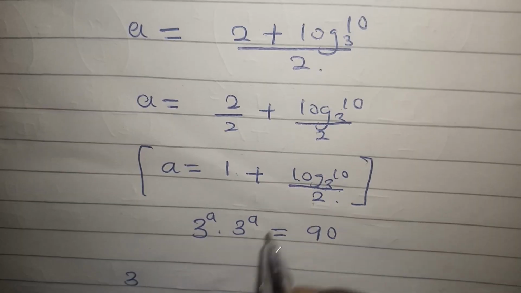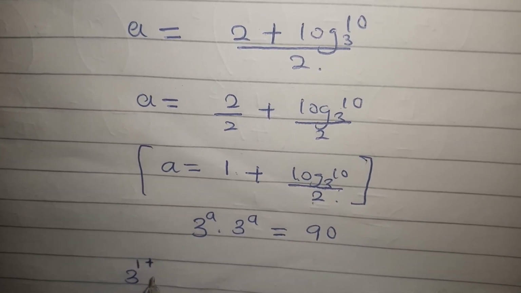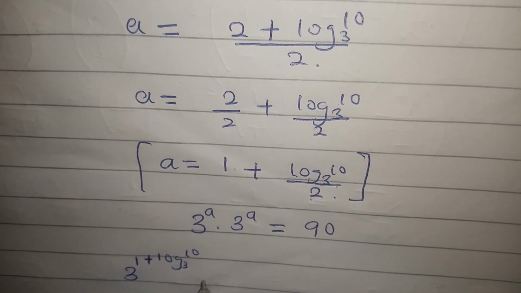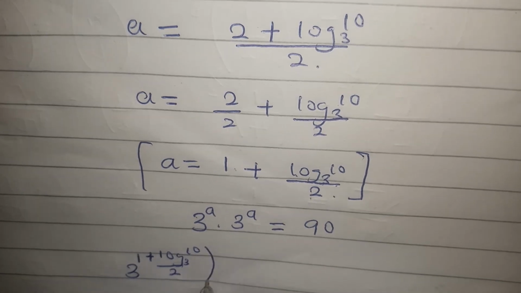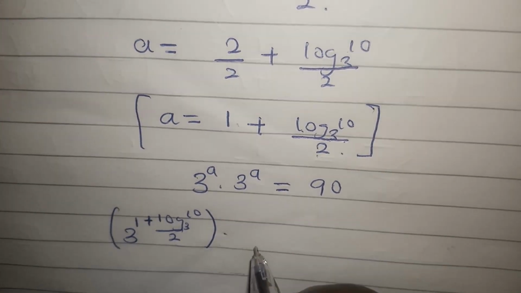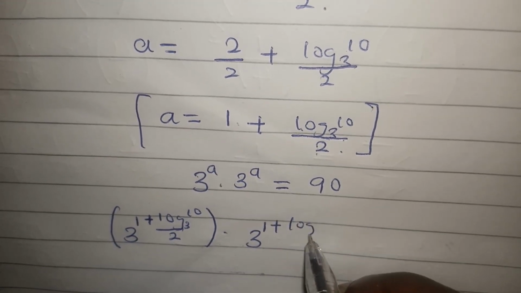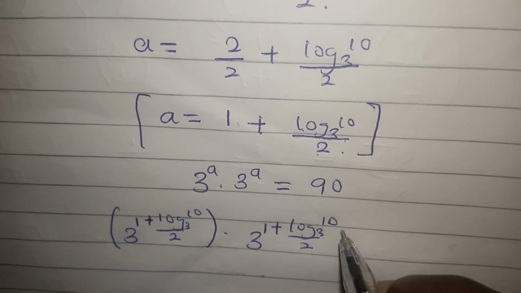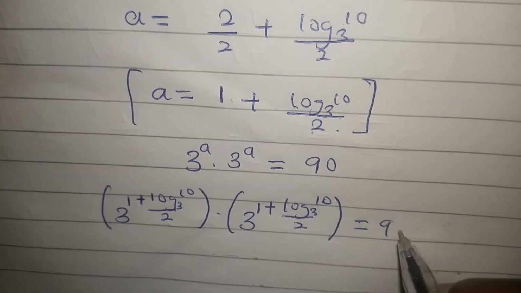So if we put a as 1 plus log of base 10 to 3, over 2, and have this times 3 to the power of 1 plus log 10 to base 3 over 2, which equals 90.